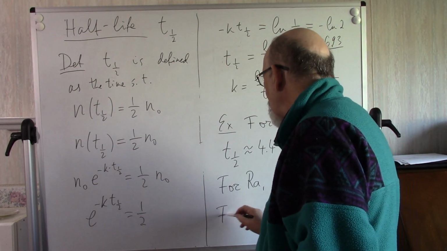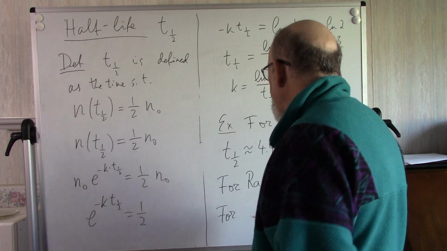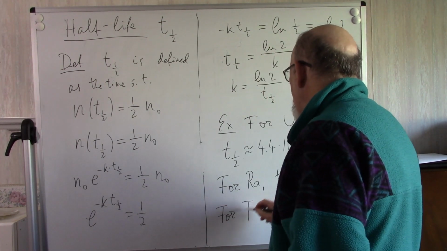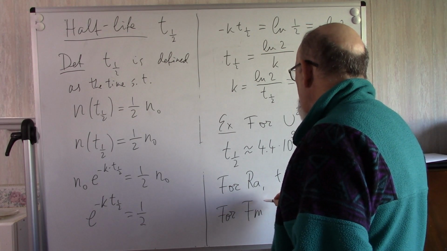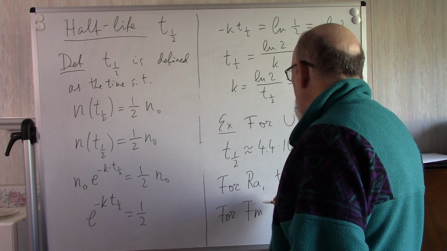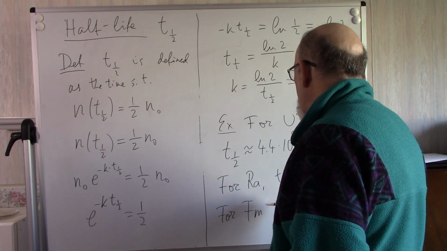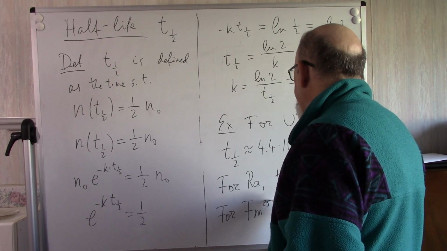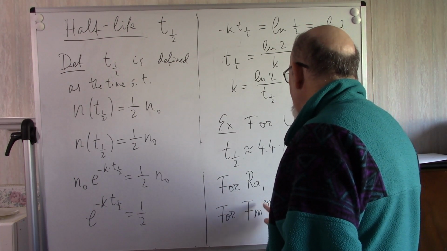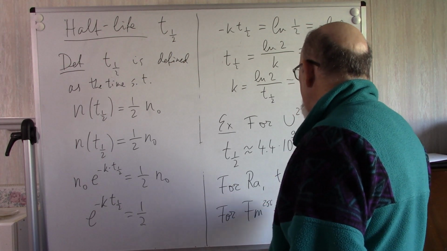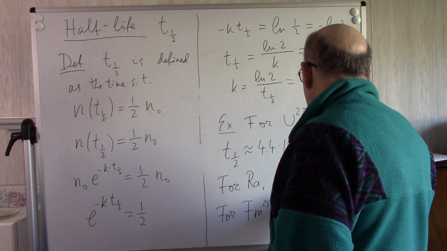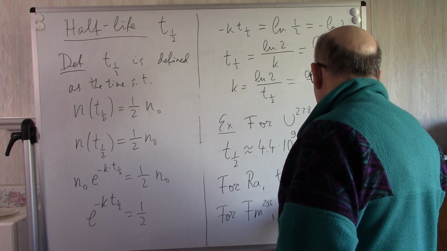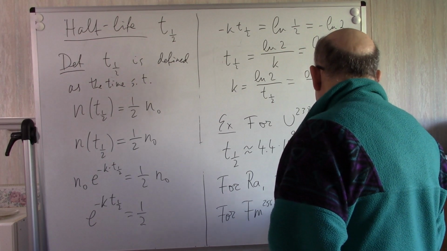We can consider, say, the artificial element fermium, 256, its atomic weight. T 1/2 is approximately 3.5 days.